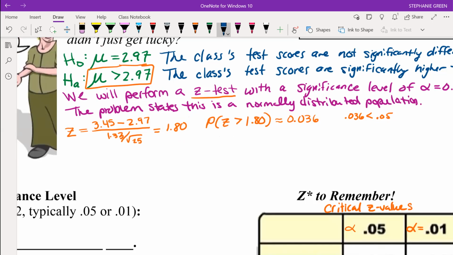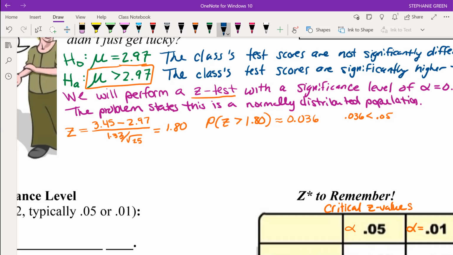Her students really are gifted. The probability of having a class of 25 students with an average score that high is very little. It's only a 4% chance of getting a class that size with that high score. So she does truly have a gifted class.